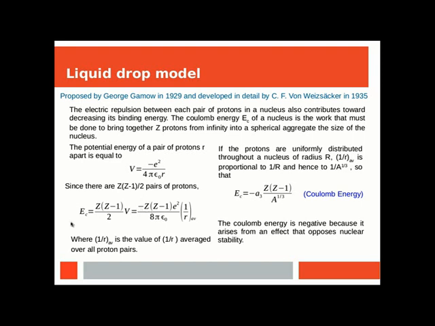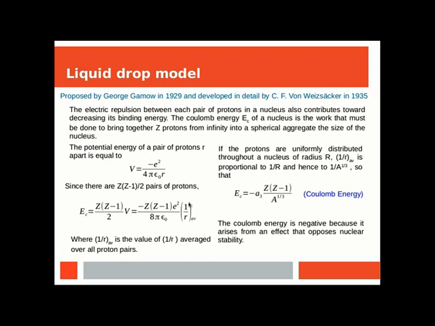So Coulombic energy comes out to be the number of pairs of protons multiplied by the potential energy of each proton-proton pair, which comes out to be this, where 1 by r average is the average distance between two protons, and upon further simplification we see that it comes out to be this. Why this?